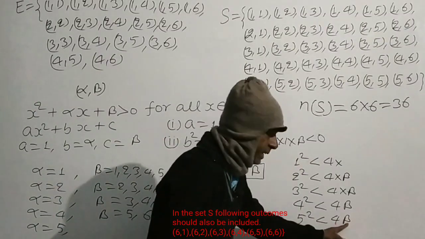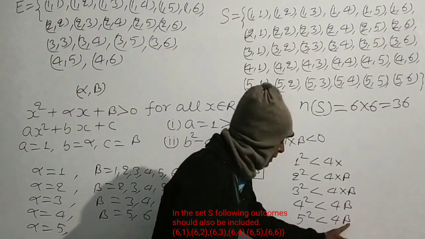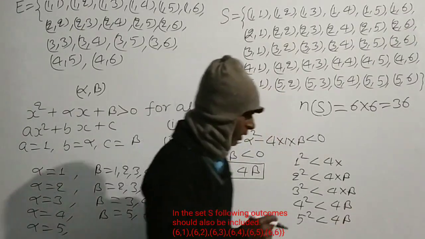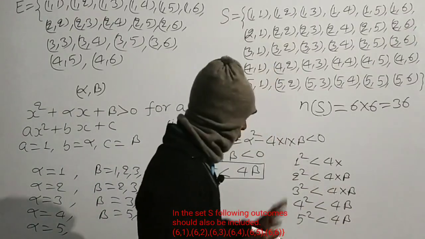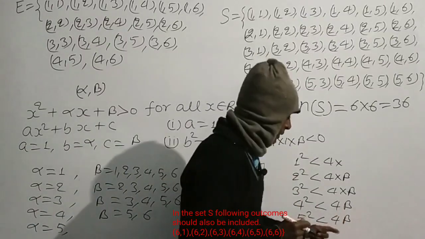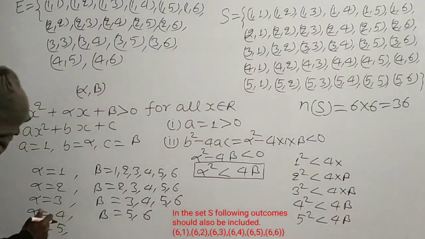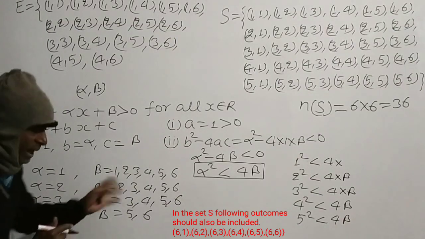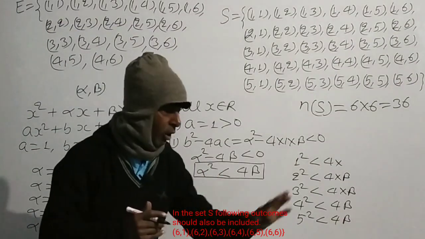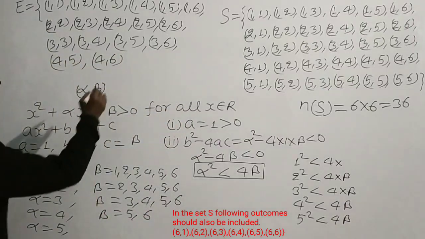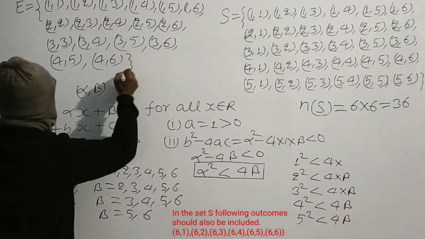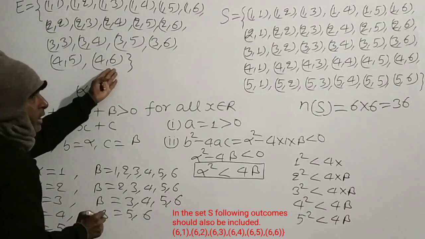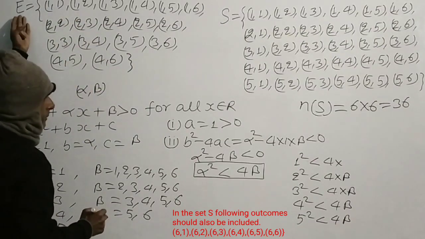When we put 6, the greatest number, 6 times 4 is 24, which is less than 25. Therefore, for alpha is equal to 5, we do not get any value of beta. Therefore, there will be only these many outcomes in the event E.